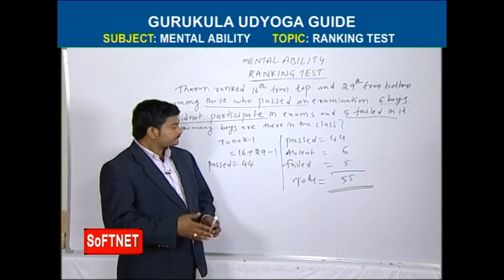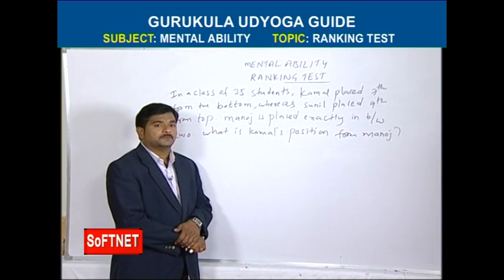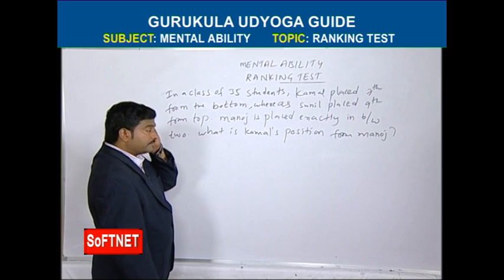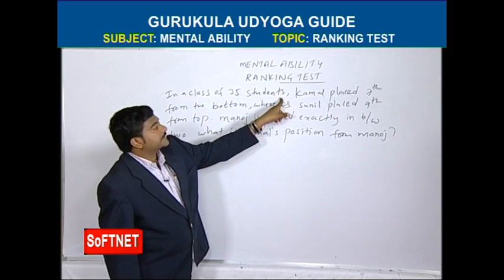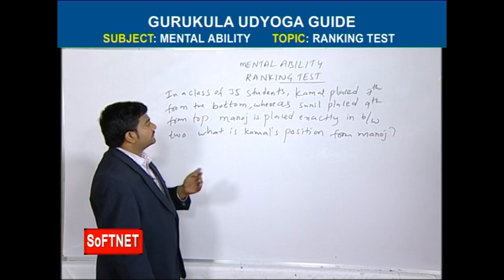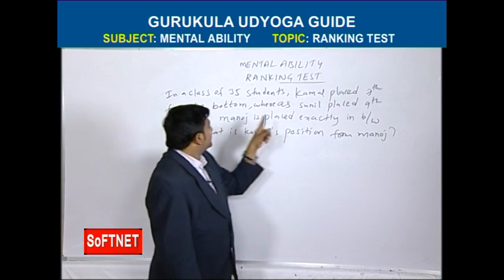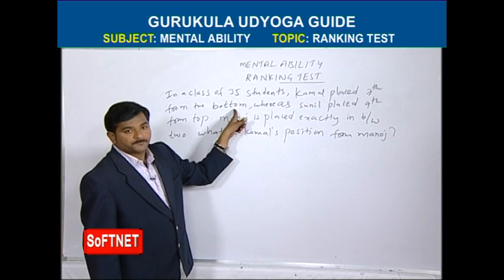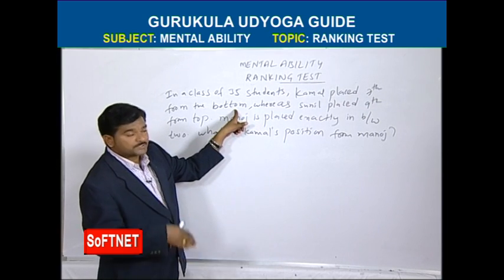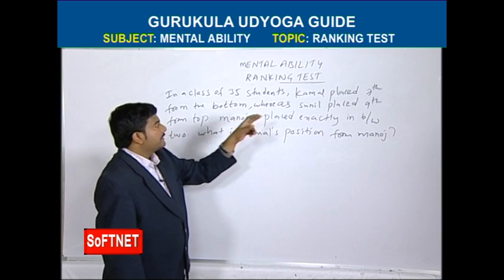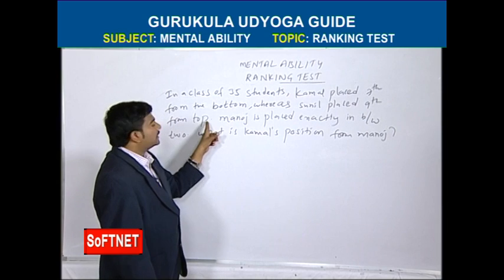Now we will discuss the next model in the ranking part. We will see this question once and get the idea. In a class of 35 students, Kamal placed 7th from the bottom, whereas Sunil placed 9th from the top.